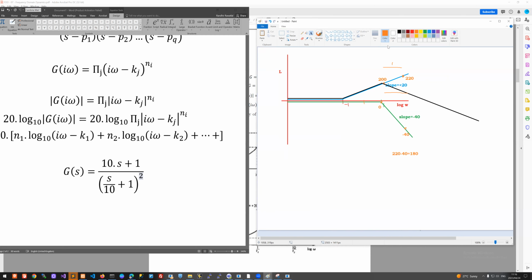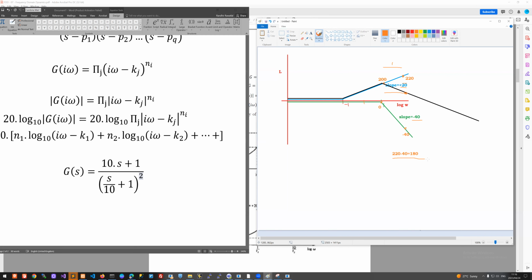And 180, you can see, is going to be somewhere here. Right? If 200 is here, that's 220. Then you can see 180 is there. So this slope, you can see on balance, because you are subtracting 40 and 20, it's going to work out that way.